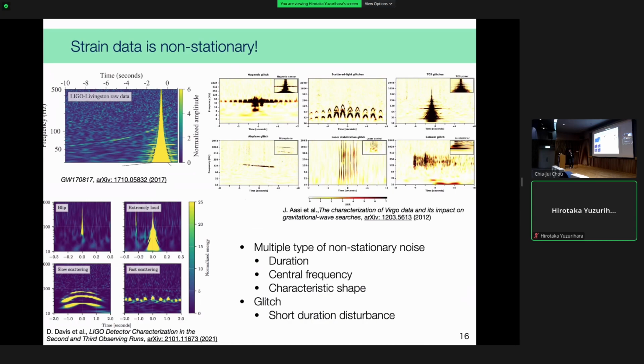This kind of non-stationary noise is called glitches, of short or middle duration. I will explain the details later.